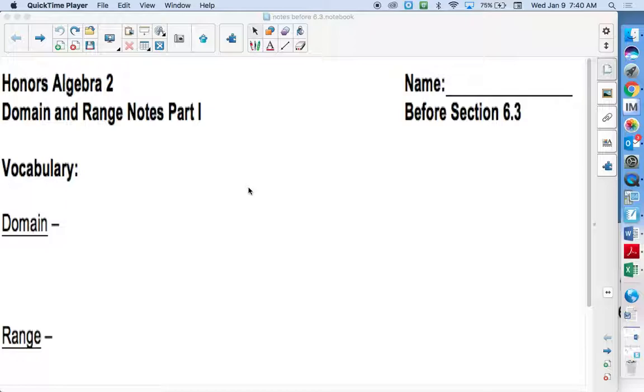So a basic definition for domain. Just basic. What's domain? Yeah, so domain basic, x values of the graph.